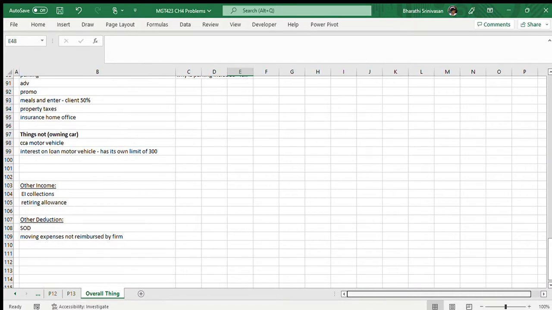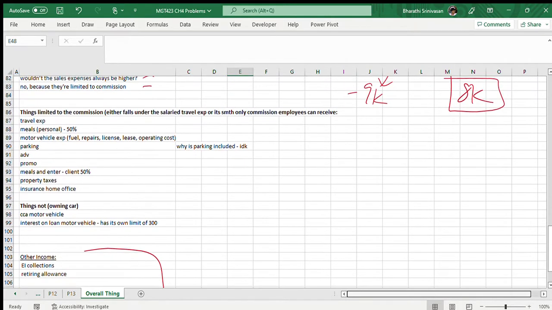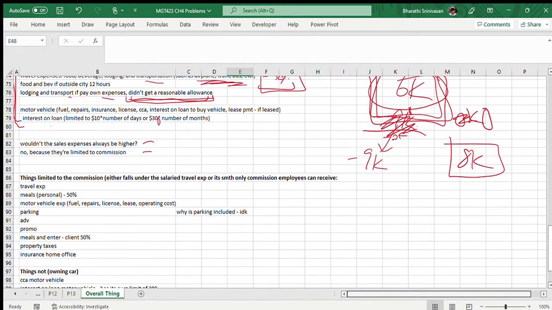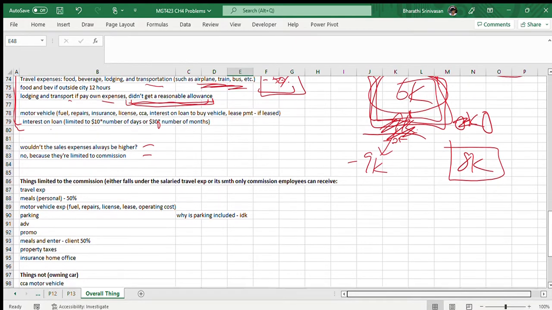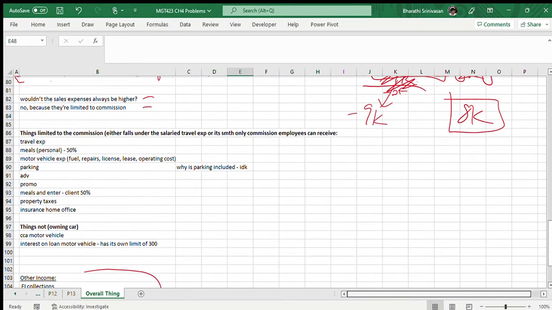Oh boy, okay, so some things that fall under other income. Actually, no, I'll do this one first. Okay, so one thing, you might be like, oh, wait a second. Actually, this might confuse you, so I would suggest skipping this if you're cool with it.